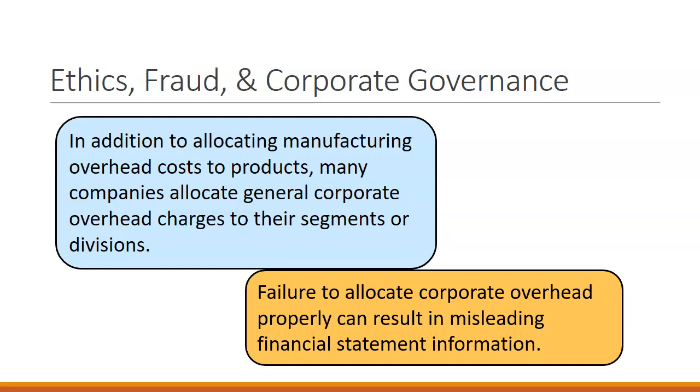So maybe we would say, let's allocate more overhead to wooden filing cabinets, not because they actually take more resources, but because they were a specialty item that we can charge more for, which means that we have a better profit margin on the filing cabinets. So we can create misleading financial statement information if we're not allocating our overhead properly.